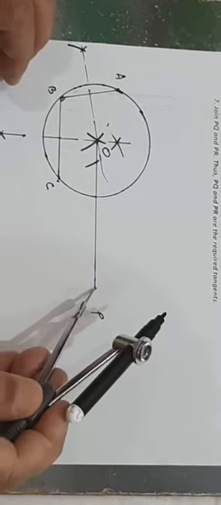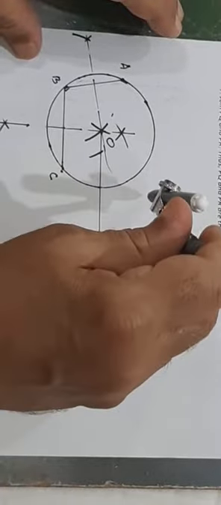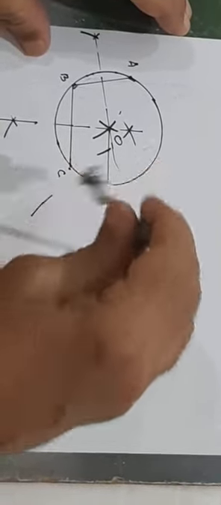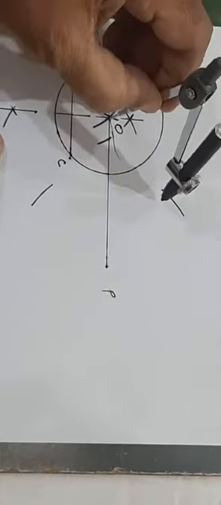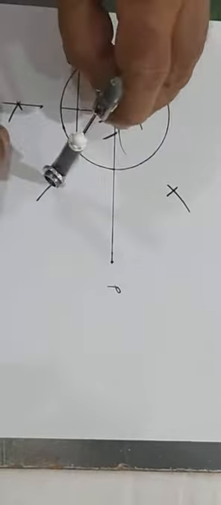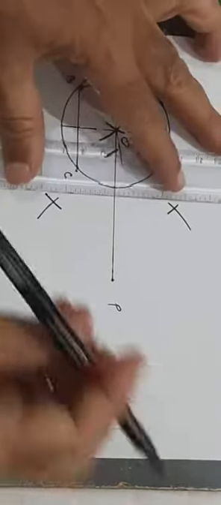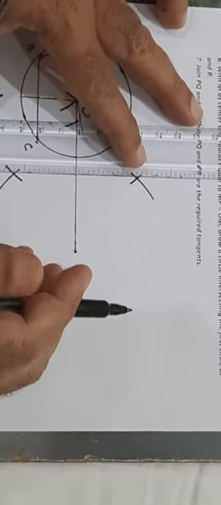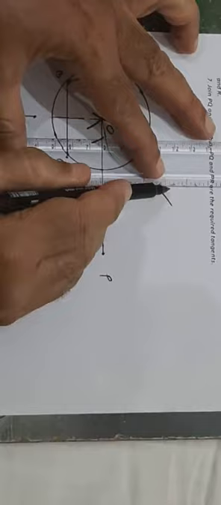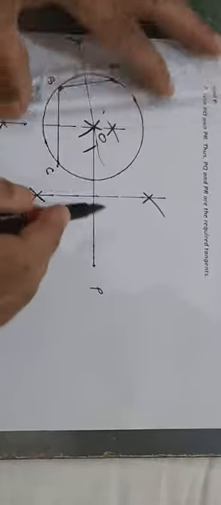Now taking OP as a diameter, draw the perpendicular bisector of OP, take more than half from O. So this is the perpendicular bisector of OP.